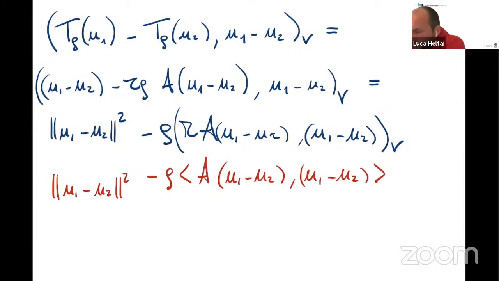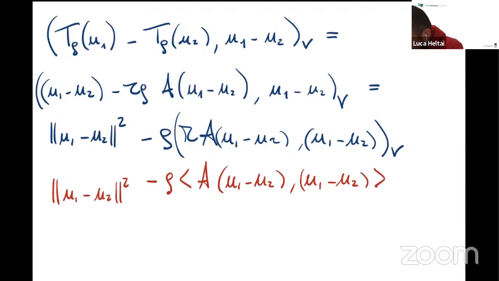So when I plug this in with the scalar product between U1 and U2, what I obtain is, so let me write.